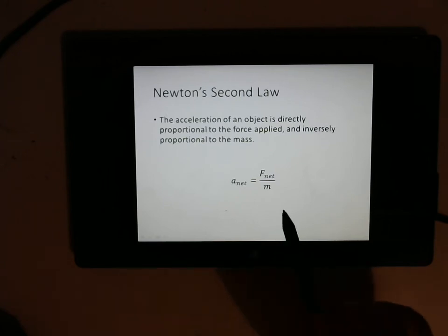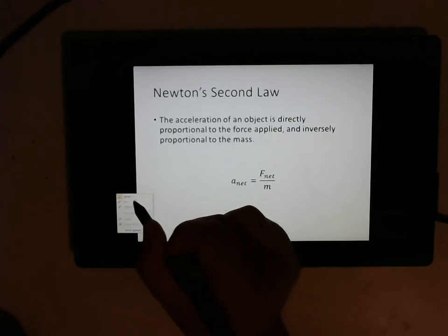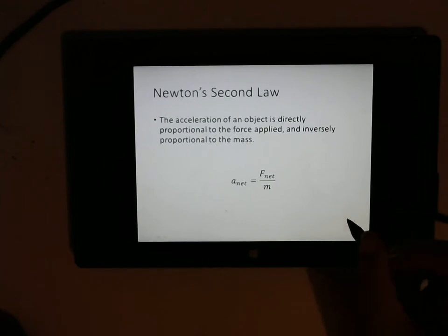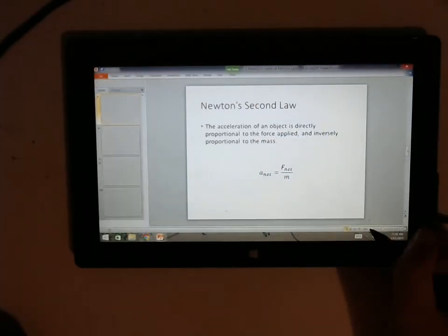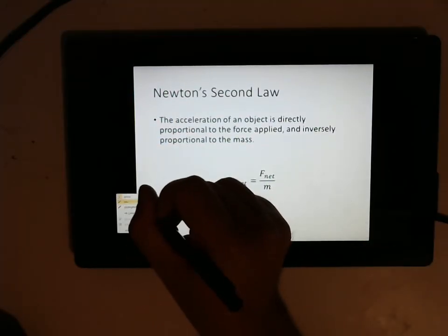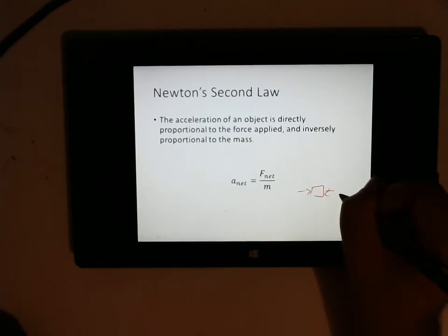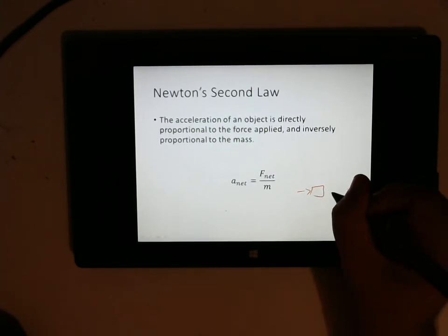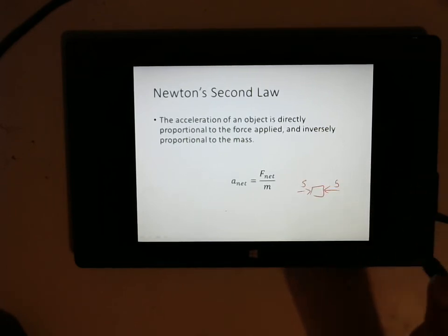Okay? So if I have 5 newtons, let's draw this for a second. Apologies, I need to make this editable. If I have an object with equal forces on either side, that's a terrible arrow, so this is 5 and this is 5.